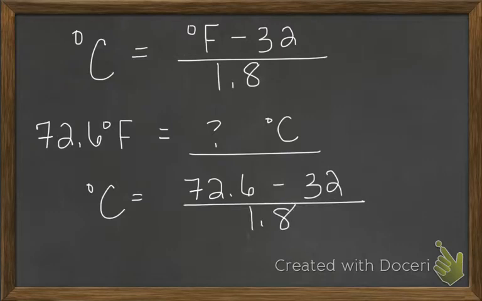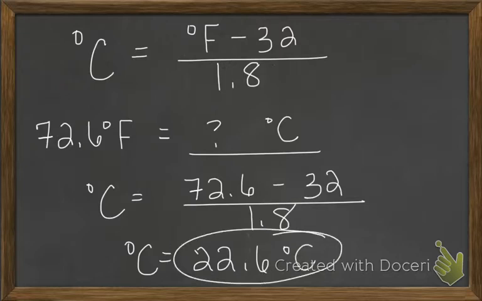And then we enter the numbers in our calculator. And that would be 22.6 degrees Celsius. Well, what if I have my Celsius temperature and I need Fahrenheit?